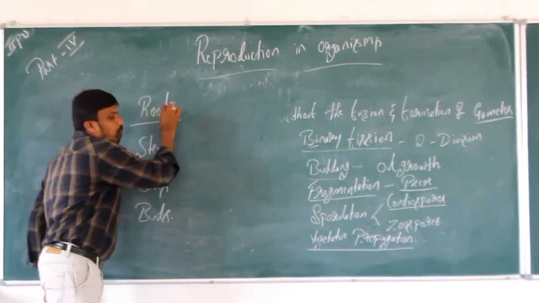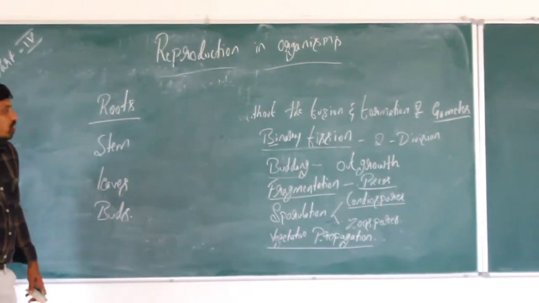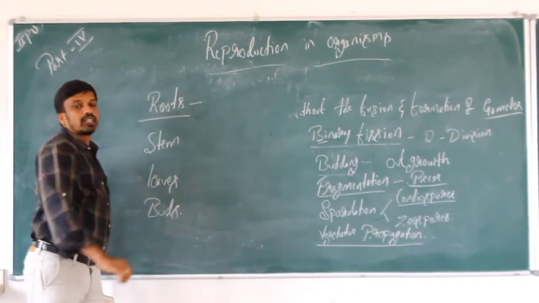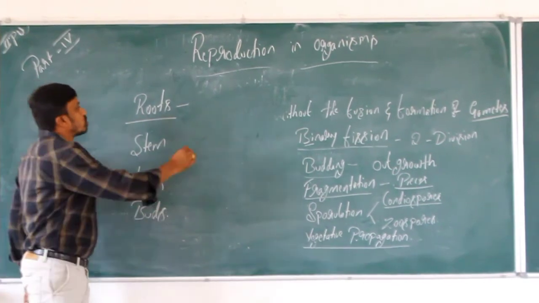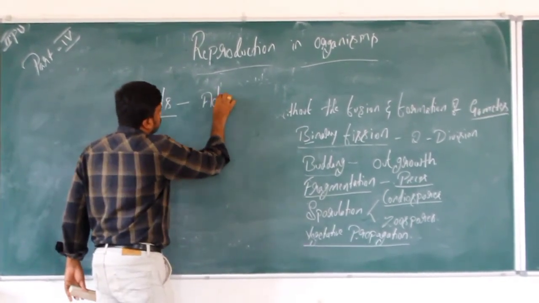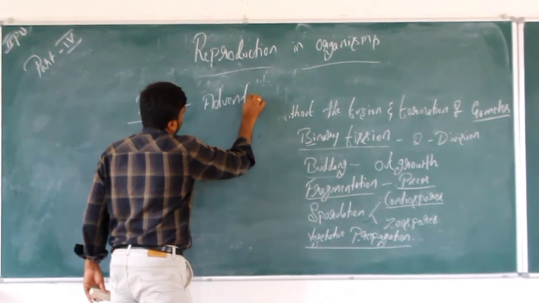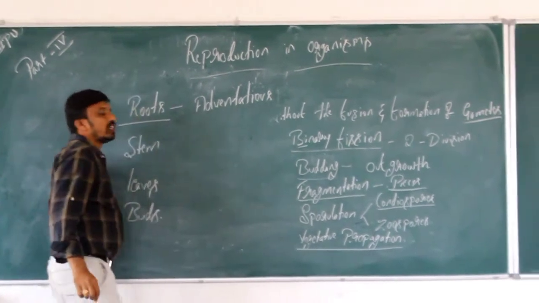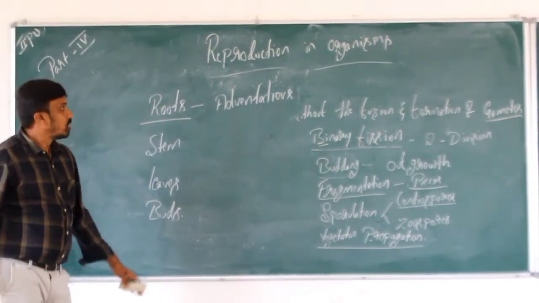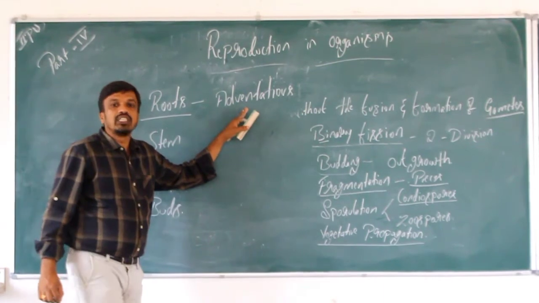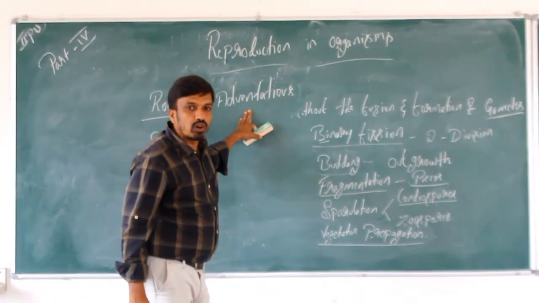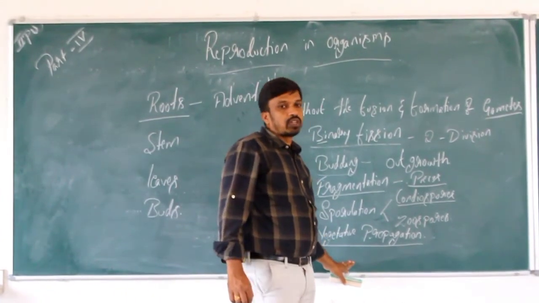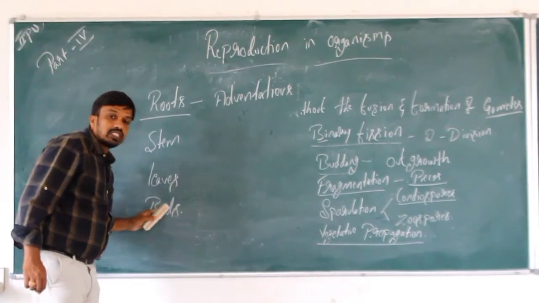Vegetative propagation by roots. What do we mean by it? The roots consist of many adventitious buds. These buds have the ability to develop into a new organism. Vegetative propagation is a type of reproduction which takes place with the help of vegetative parts.